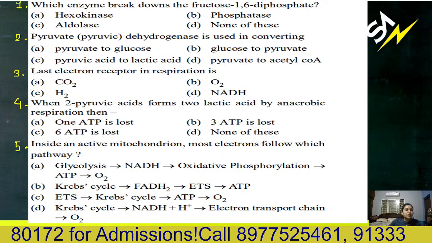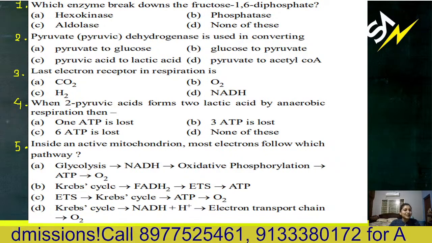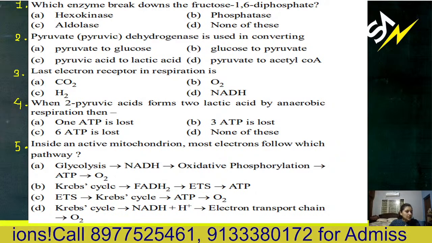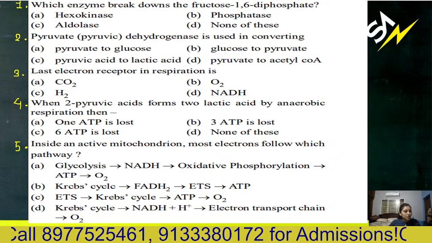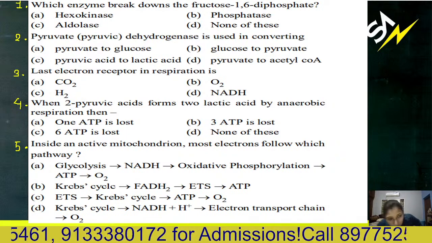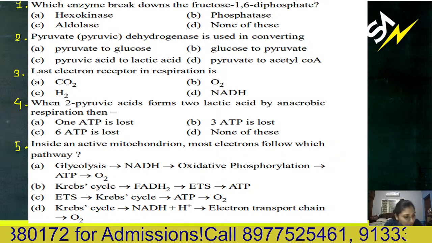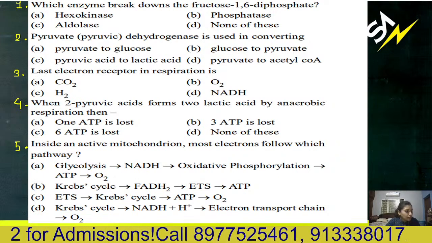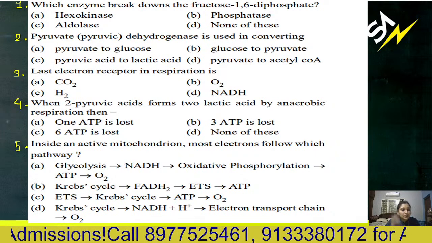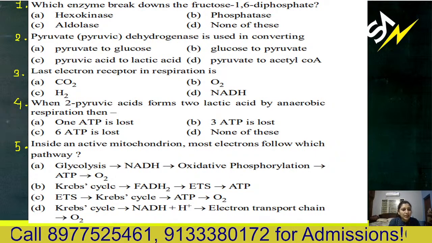These are your homework questions. Which enzyme breaks down fructose 1,6-bisphosphate? Come on, answer these questions. After the class, you can post your answers like 1 ABCD, 2 ABCD, 3 ABCD. Next question: pyruvate dehydrogenase is used in converting what?